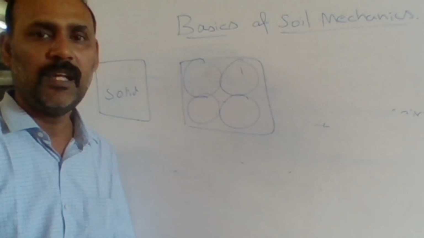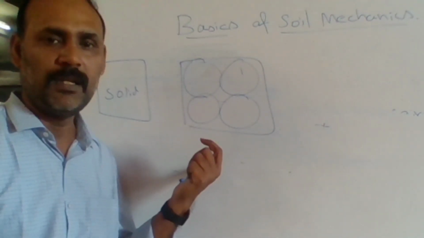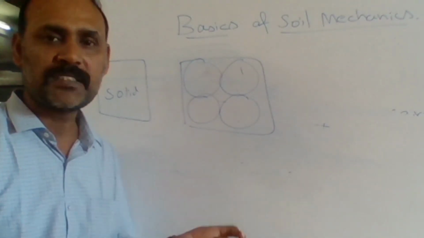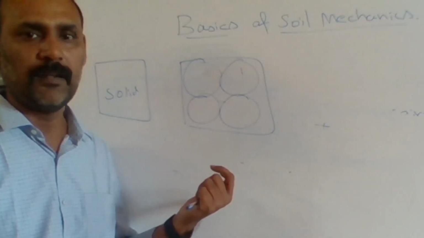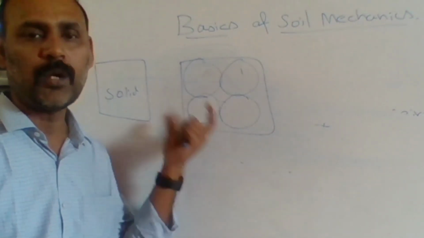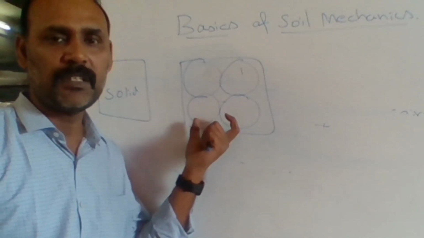Otherwise, we can naturally evaporate the water from that particular soil and get dry soil. Dry soil is nothing but soil with no moisture content within it. Only the solid grains are there, and the air gaps, the voids, are present.